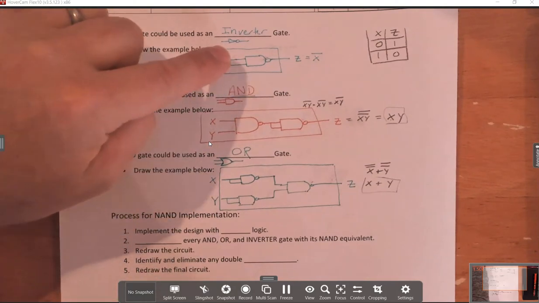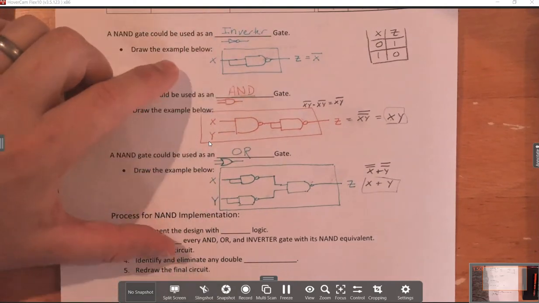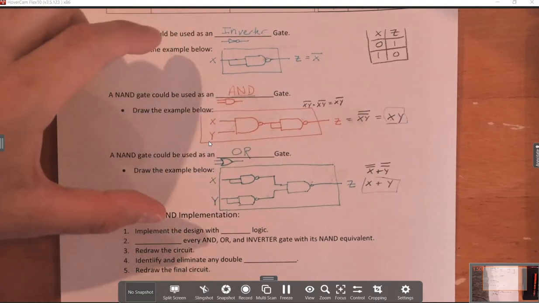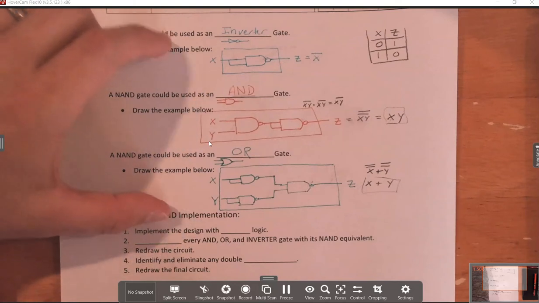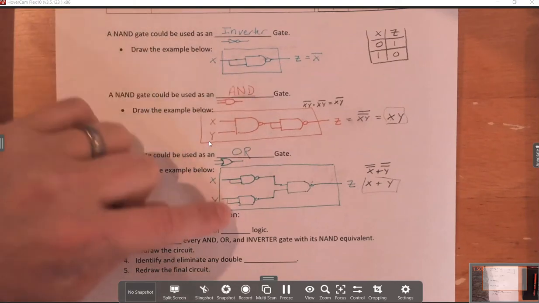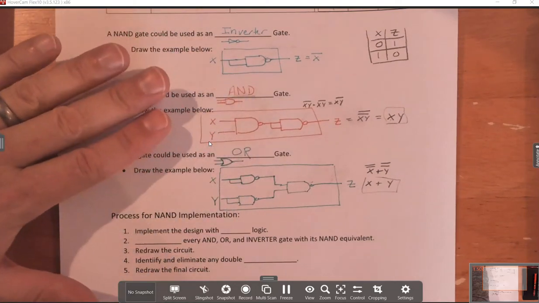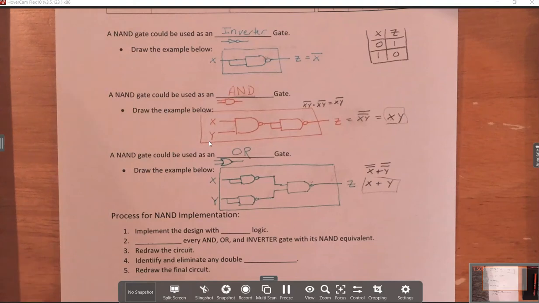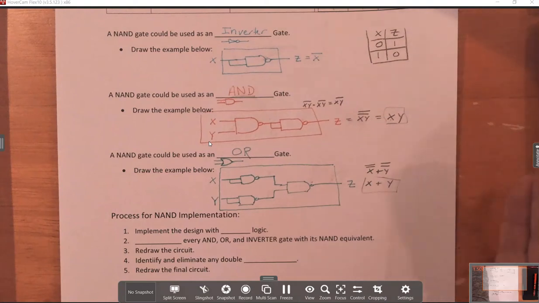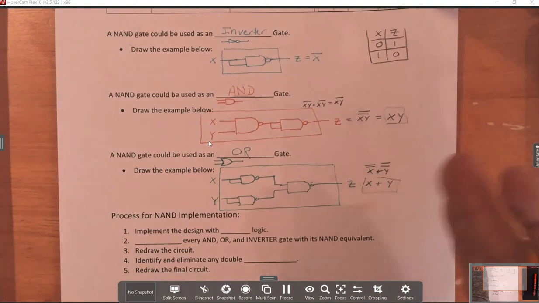Potentially, instead of having to have at least one of each of these to create the logic, if you only have NAND gates, or just the NAND ICs, you can use those to do everything. And then often there are some simplification things that can happen to make it so that in the end you have fewer ICs needed. And we're going to show that in the example.